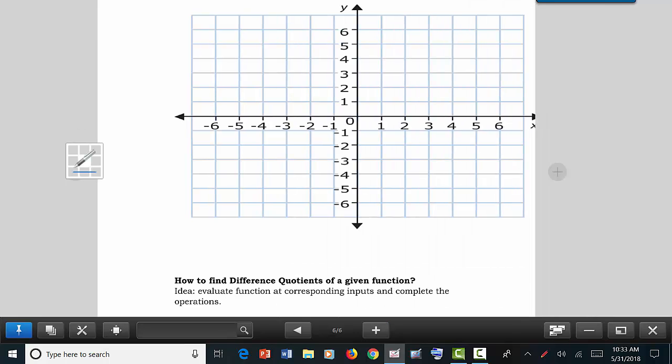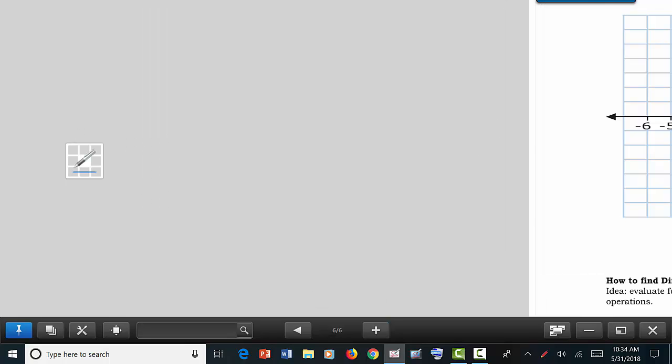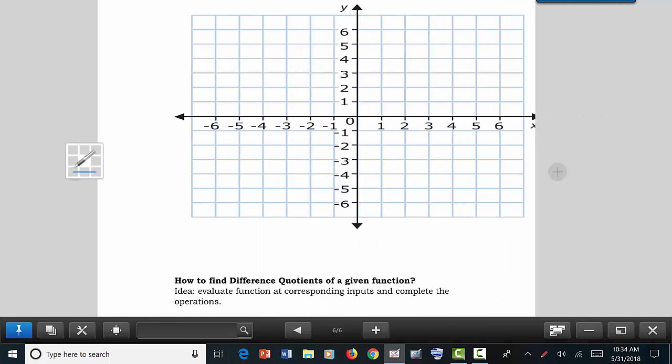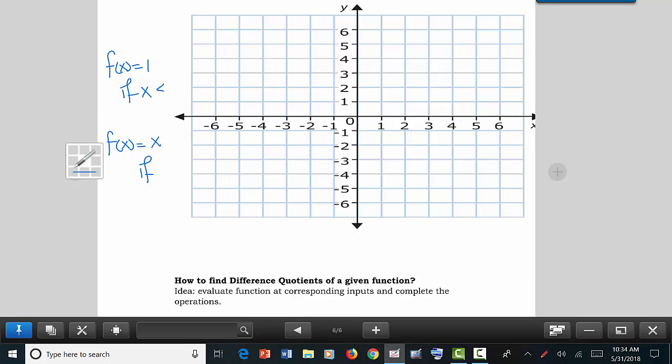Let me copy the function. f of x equals 1 if, when you go back and see the information, x is less than or equal to -2, and x if x is bigger than -2. So we are talking about two pieces.